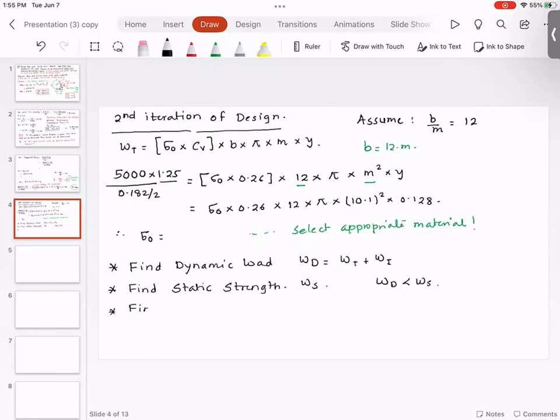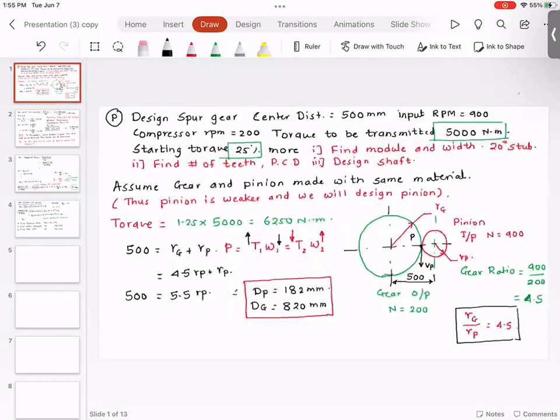Then find the wear load, and we need to make sure WD is less than WW. So these are the steps that we need to finish to complete the design. But if you read this particular problem, it is not asking us to check for the wear load or the static load.